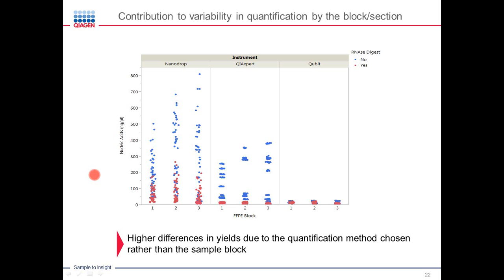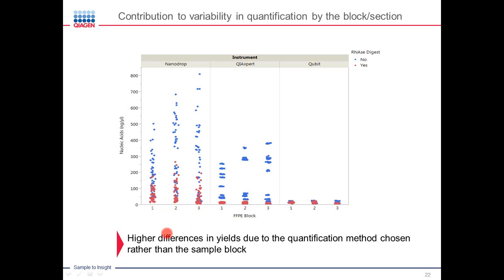So this data set represents the liver samples only, and it represents the DNA quantities measured from the 5 sections taken from each block. So 1 to 3 here means the FFPE block, and the dots represent all the different sections taken from block 1 versus block 2 versus block 3.